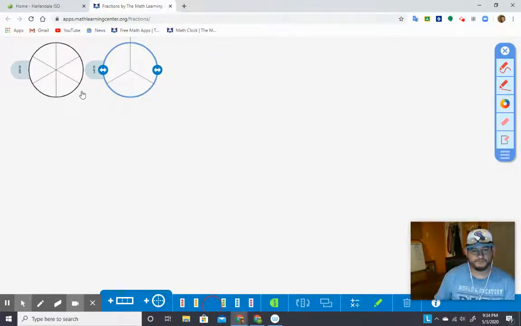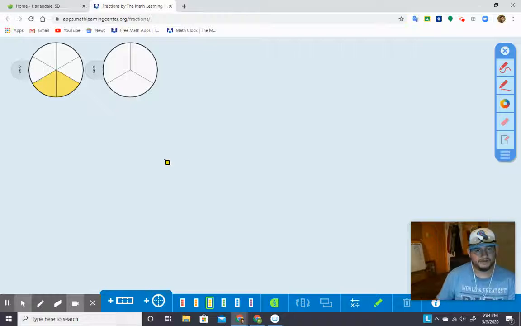So I'm going to go ahead and color in two of these. So that takes our fraction for this one to 2/6, right? Now, if I told you what fraction is equivalent to 2/6, you should be able to look at this one and look at this one.